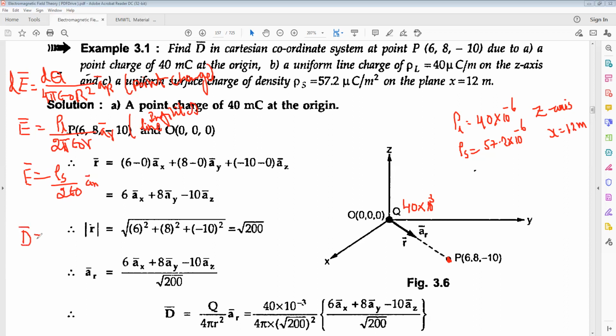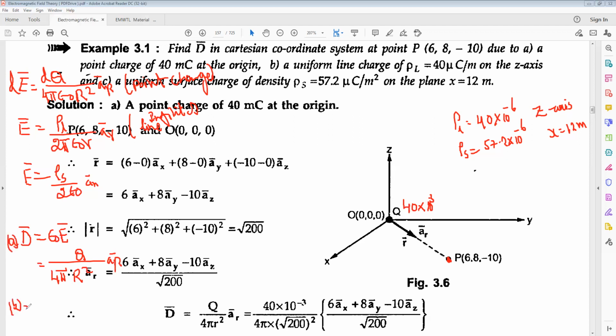D bar is equal to epsilon naught into E bar. So for part A, D bar is equal to Q by 4 pi R square into AR bar, with no epsilon naught.